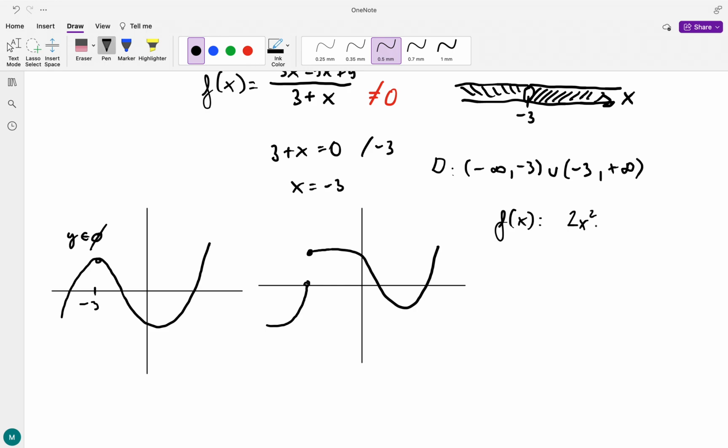2x squared minus 5 for all the x's between -infinity and -3, not included. And then the second set, let's say it will be 3x to the third plus 2x plus 3 for all the x's from 3, which in this case will be included, indicating the closed circle right here, to positive infinity.